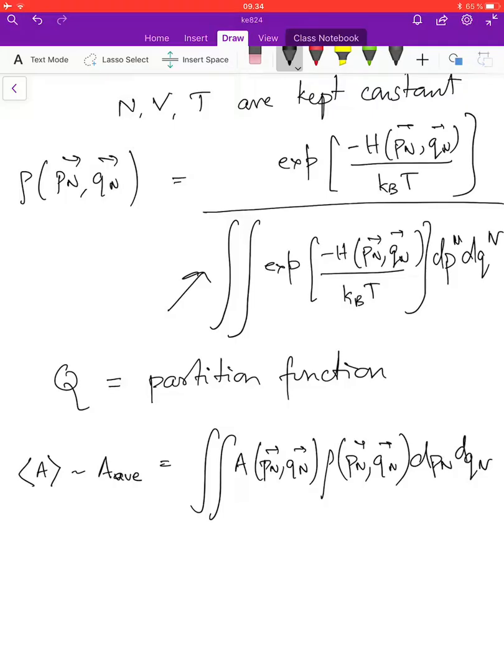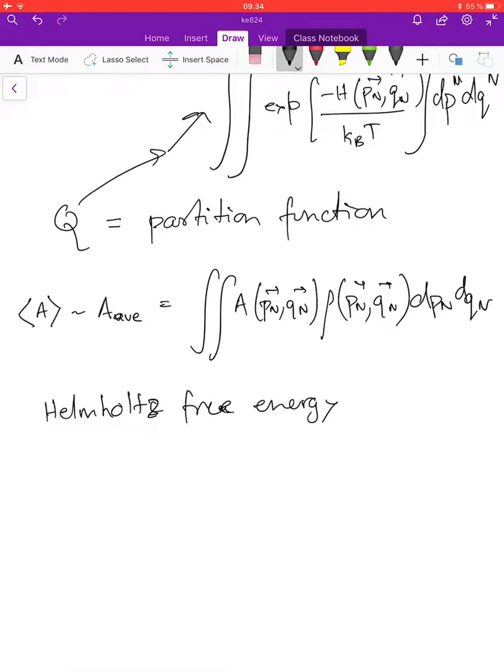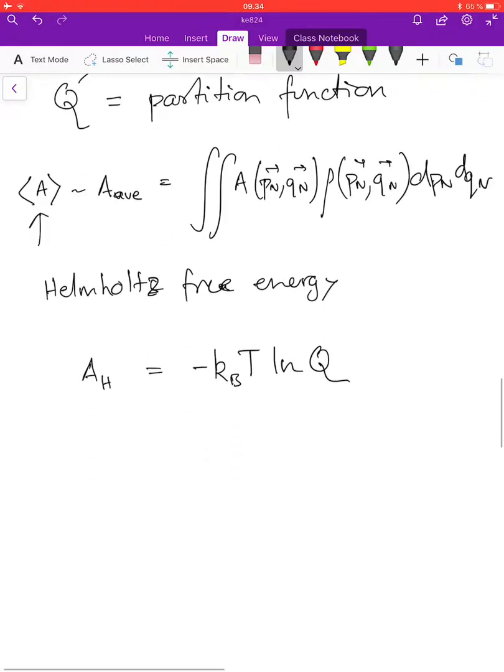It turns out that if one can calculate Q here, one can calculate the Helmholtz free energy. I'm going to call it A_H to describe Helmholtz and to distinguish it from A, which was any observable. And this is equal to minus k_B, the Boltzmann constant, times temperature multiplied by the natural logarithm of the partition function.